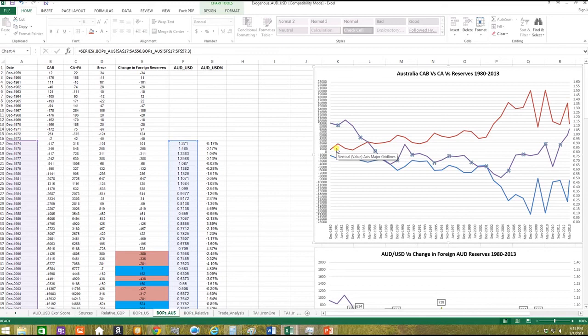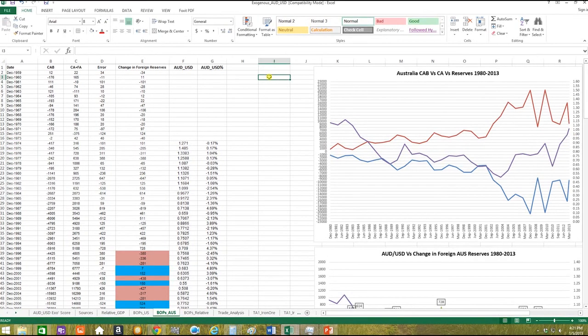It's a static snapshot. We're not comparing this in any way to the United States. And it's quite interesting that the Aussie dollar US dollar exchange rate, which is charted on the right hand side, the value is on the right hand axis. We're looking at the annual change, and this kind of represents a balancing item.